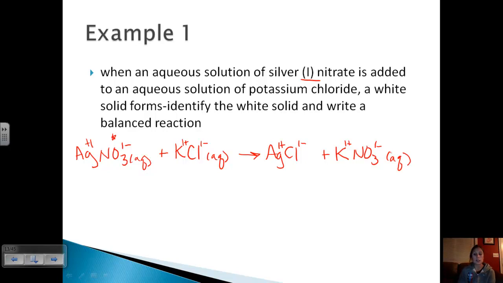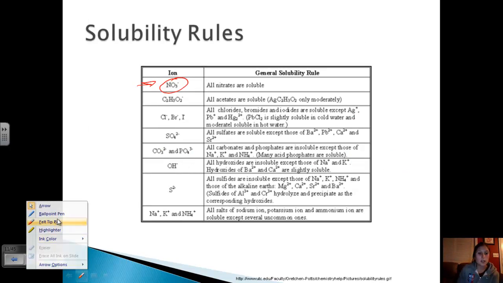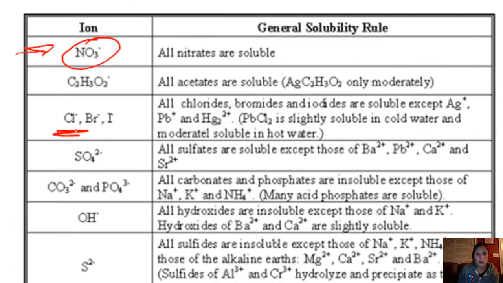Now I need to check on my silver chloride. Well, let's go back to our solubility rules. Okay, so if I take a look at my solubility rules, let's see. Here's chlorine. So all chlorides, bromides, and iodides are soluble except when mixed with silver, mercury, and lead. Okay, so that means that anything with silver and chlorine is going to be insoluble.